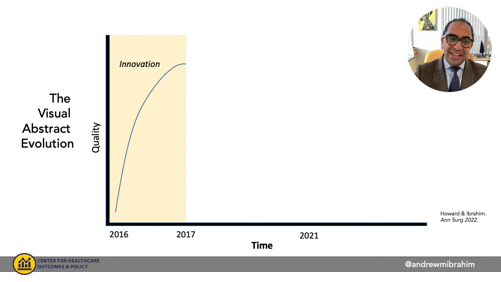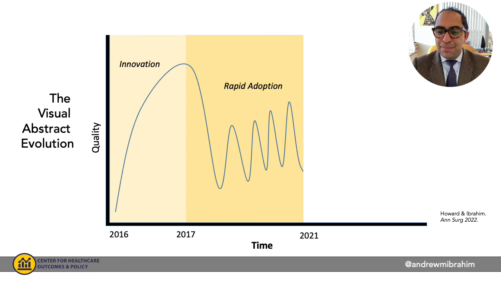So taking that together, I think when we started visual abstracts in 2016, it was this really steep learning curve of innovation where it was kind of an N of 1. I was like one of the only people making them. And so it was really easy to control quality because I got feedback pretty quickly and learned. And then we were in this phase of rapid adoption where everybody was adopting it.